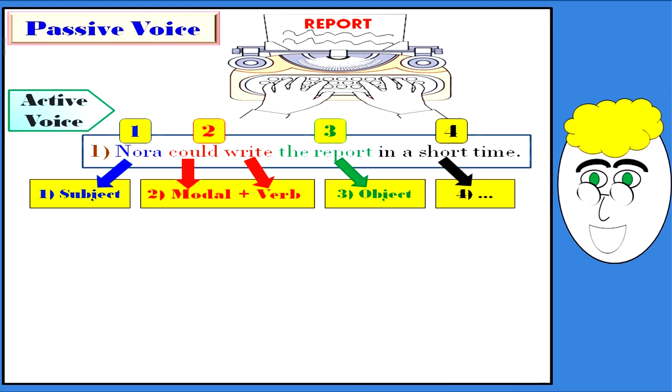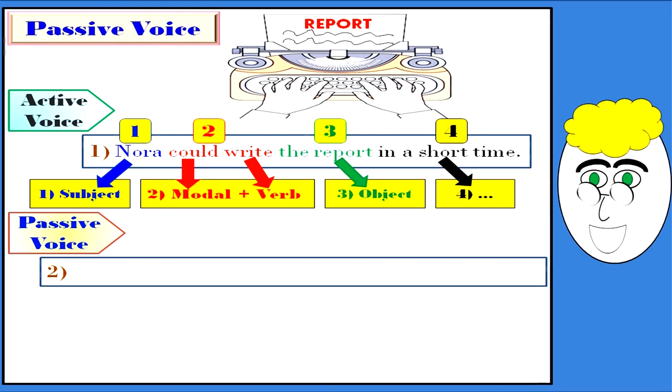Now we need to change the sentence from the active into the passive voice. The first important thing to do is to change the order of the 4 parts we have in the sentence of the active voice. The first part we can start with is number 3, which is the report.